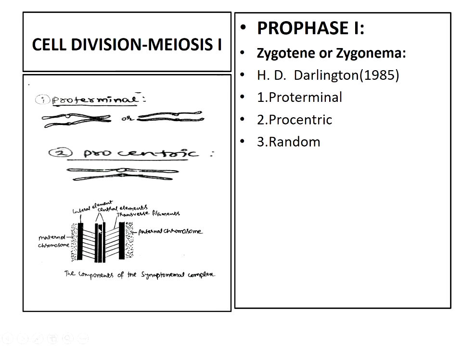The central and lateral elements are held together by fibers called transverse fibers or transverse filaments.